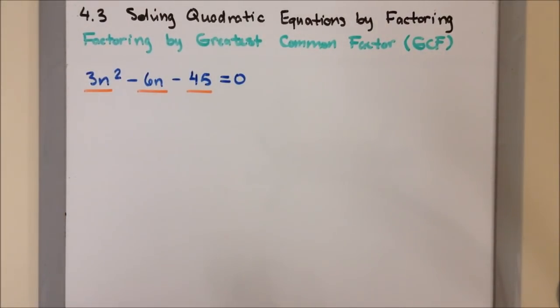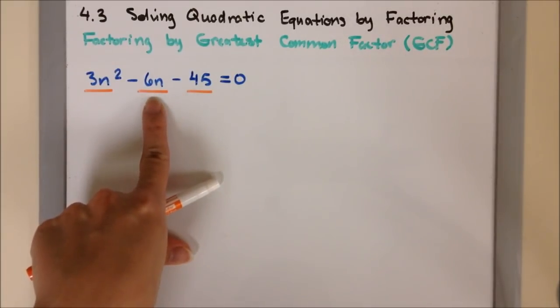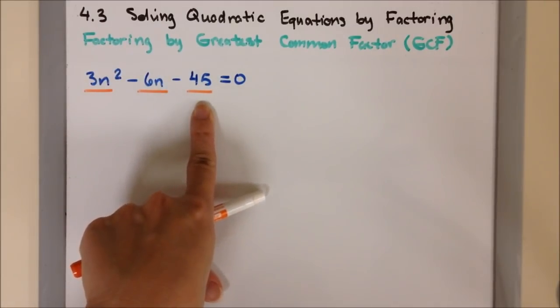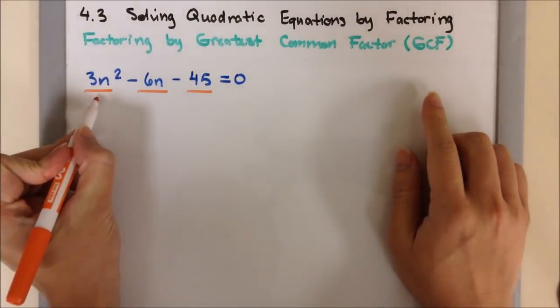My lowest common number is 3. So you can definitely divide 3 by 3. You can definitely divide -6 by 3, and that would become -2. You can divide -45 by 3, which would become -15. So my greatest common factor is 3.